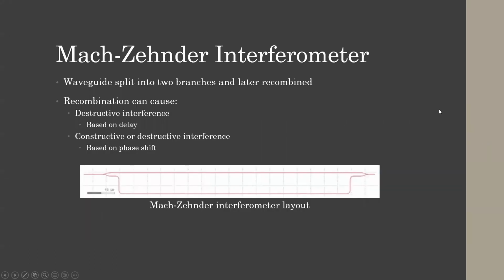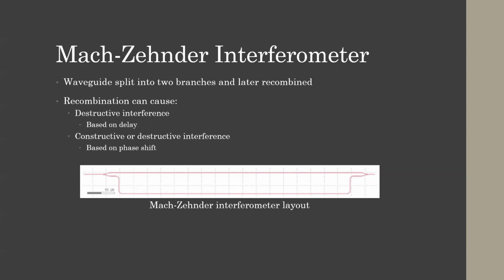All right, so the Mach-Zehnder interferometer. Essentially, it's a device used to measure small changes in the refractive index of a material. When a small change in the refractive index occurs, it causes a phase shift in the light, resulting in a change in a pattern.